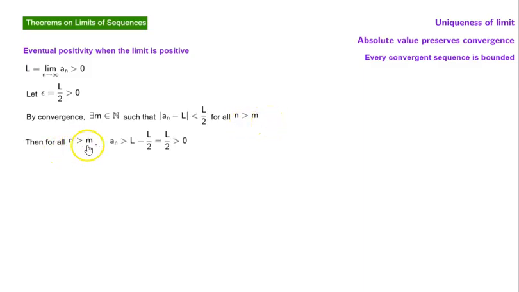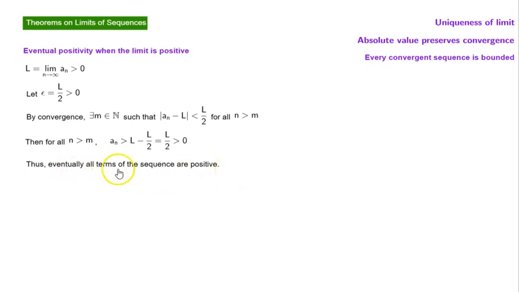Then for all n greater than M, we have a sub n is greater than L minus L by 2. And L minus L by 2 gives you L by 2, which is greater than 0. Eventually, all terms of the sequence are positive.